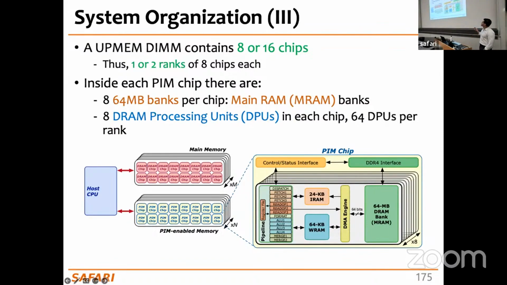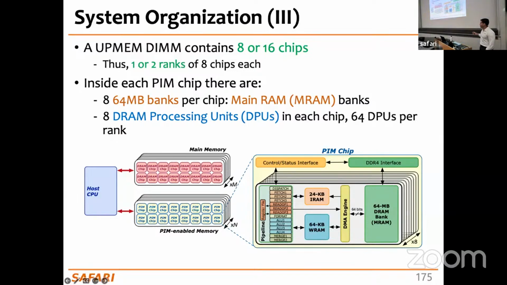So you have 64 DPUs per rank, because you have either 8 or 16 DRAM chips per 1 or 2 ranks. Inside the DPU, we also have some instruction RAM that stores the instruction sequence that the core is going to execute, and the working RAM, which is some SRAM memory that stores the data that the pipeline is going to operate on.